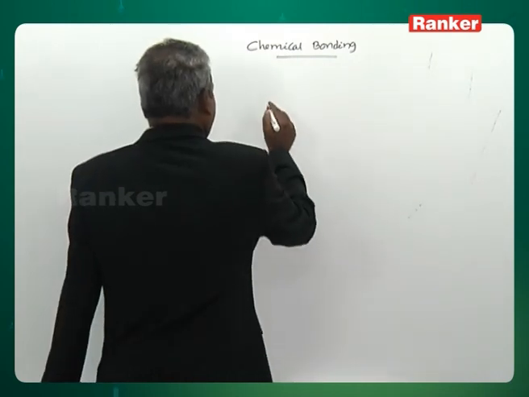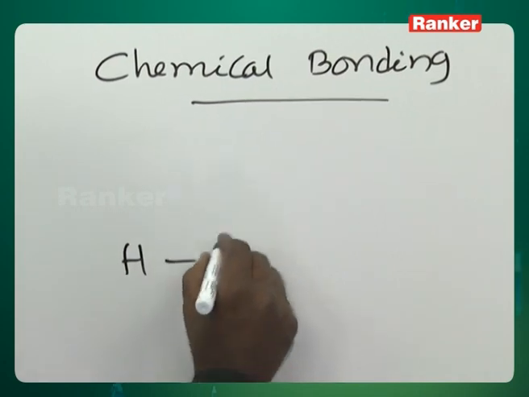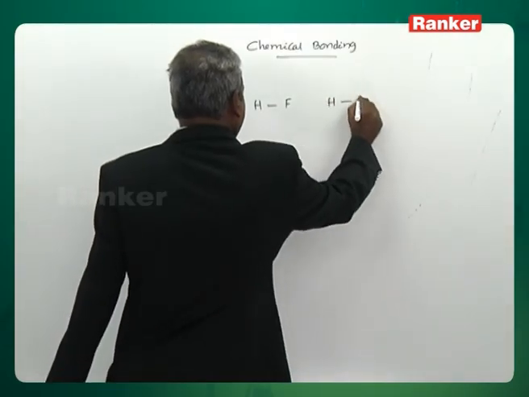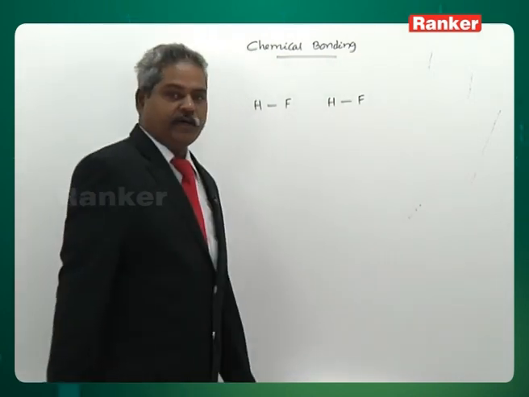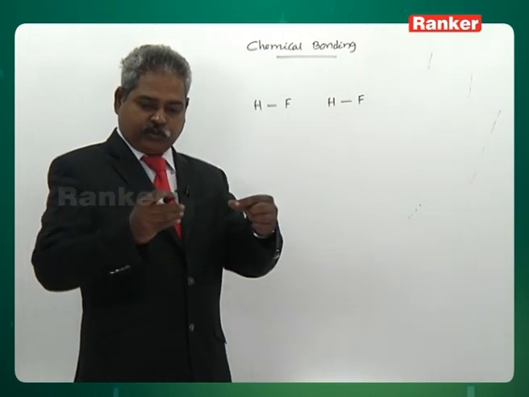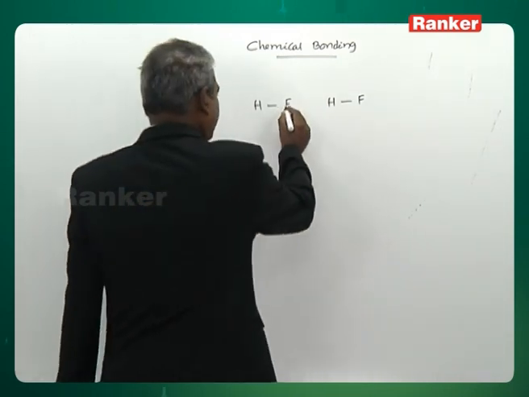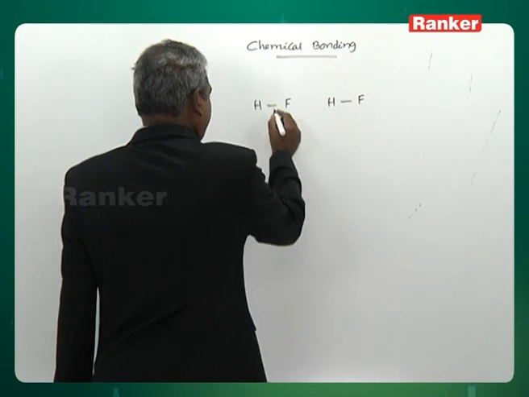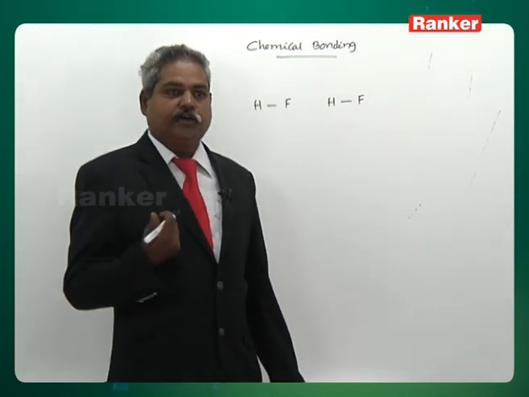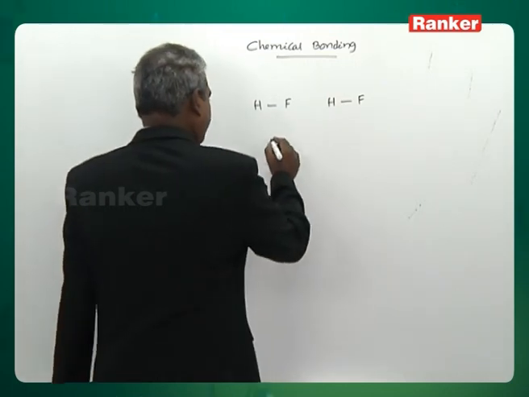Now, between 2 molecules of HF, I am talking about molecules, what can exist when 2 molecules of HF are together? This fluorine is highly electronegative. Therefore, it always keeps the pair of electrons close towards itself. What is electronegativity?